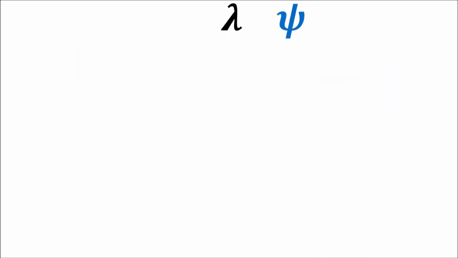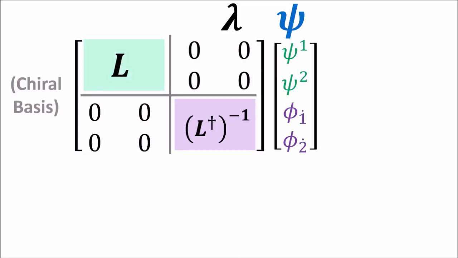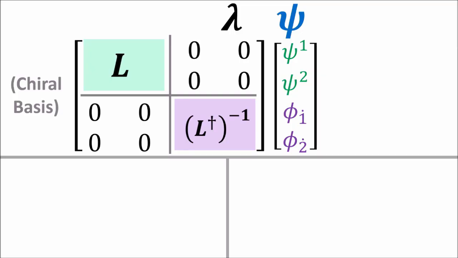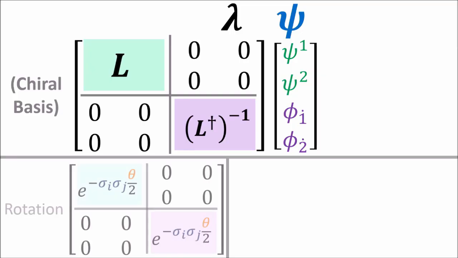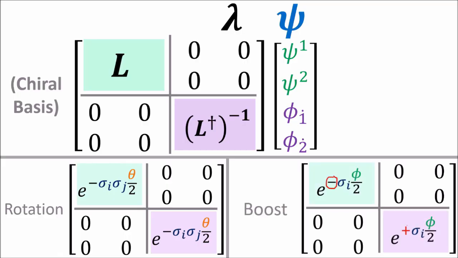We've seen that the lowercase lambda matrix that transforms Dirac spinors is in block diagonal form in the chiral basis. So the top and bottom halves of Dirac spinors transform independently from each other in the chiral basis. Also, we know the two halves rotate in the same way, but boost in opposite ways.